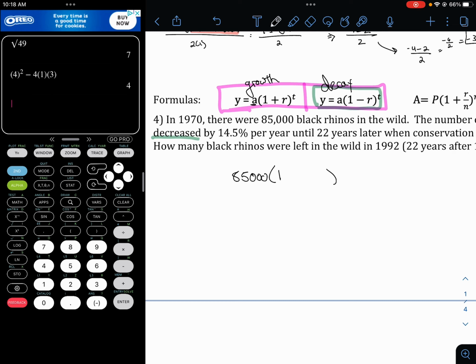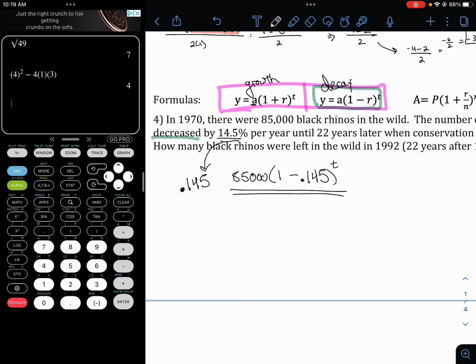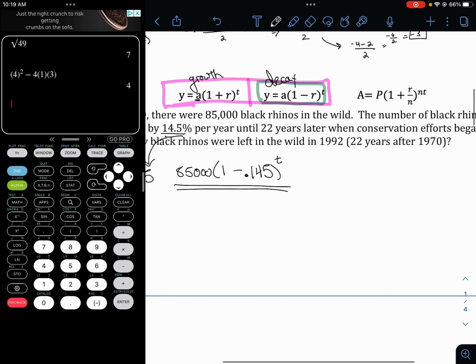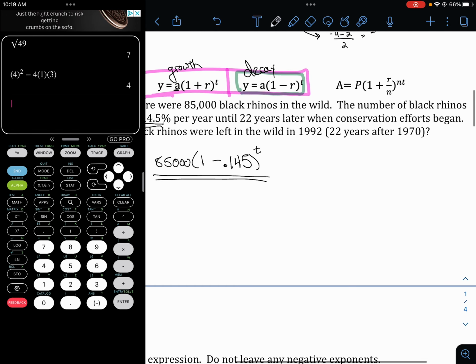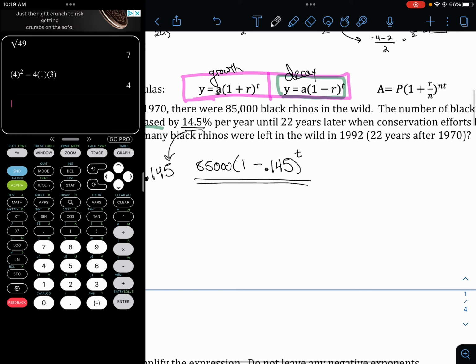So we're looking at 1 minus, and 14.5 is going to be 0.145, and to the t. So that's our equation. Now it wants to know 22 years later, what's the population?